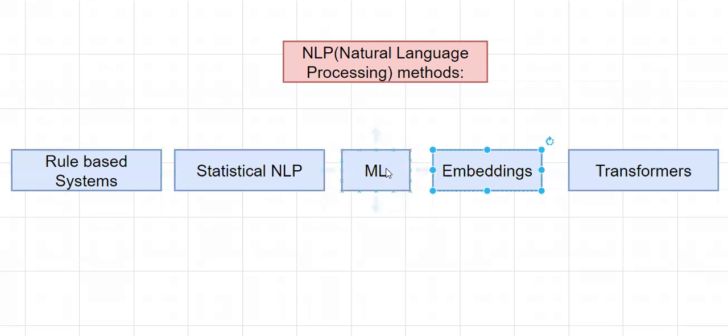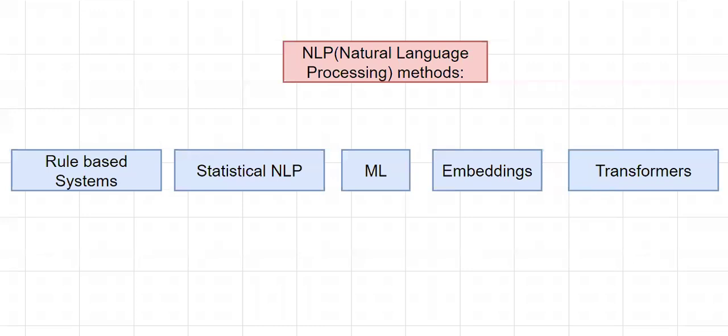Then after this method, the embeddings method is used to process natural language. While using this method also we got some limitations, so we further moved to another method. Then here also we got some limitations, which is why we moved to the transformers method. So these are the different NLP methods that we used and are using now.